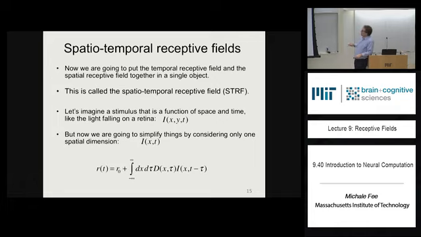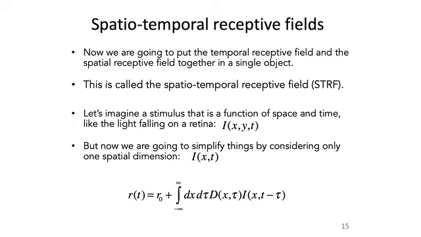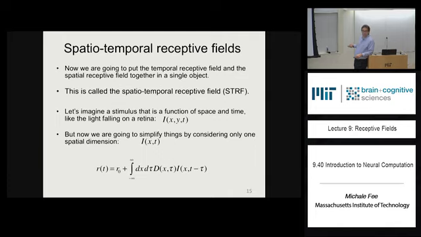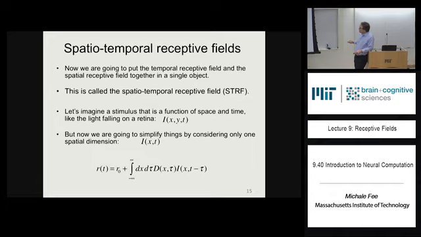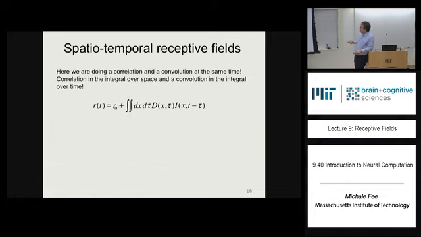So we're going to write the firing rate as a function of time as a spontaneous firing rate plus a filter D, which is a spatio-temporal receptive field acting on that intensity. You can see that we're doing stuff in here that looks like a convolution, integrating over tau. And we're also doing stuff that looks like a correlation when we integrate over x.